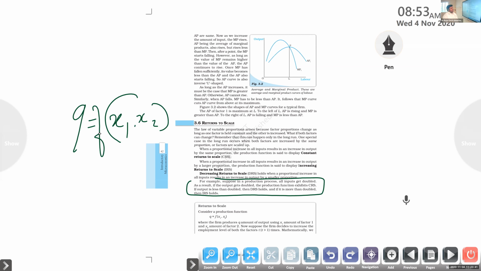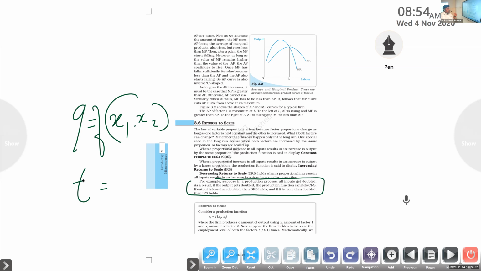Now, suppose the firm decides to increase the employment level of both the factors. If we are going to increase the factors of production, we will use the letter T, the multiple by which production inputs are increased.